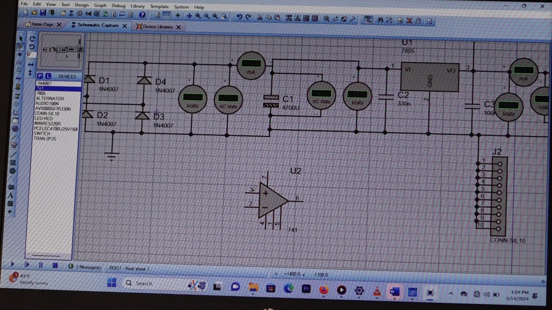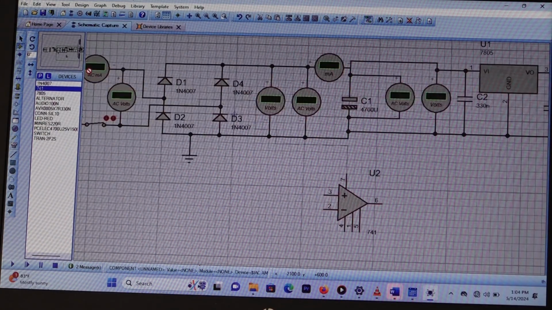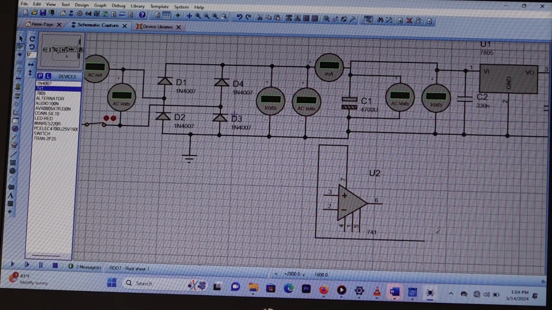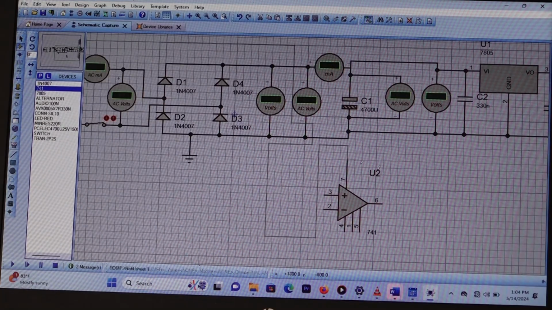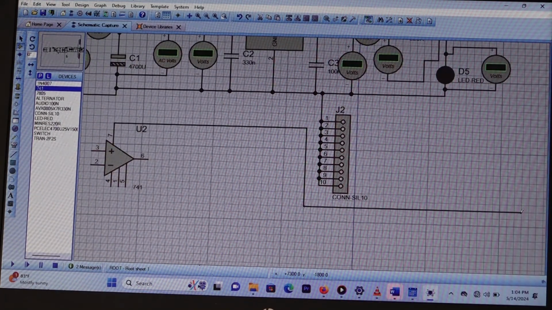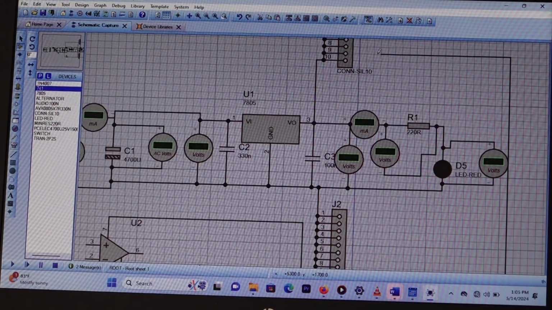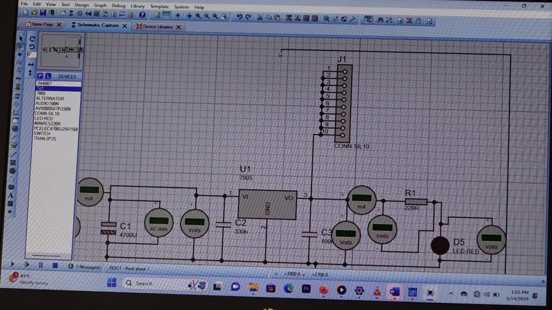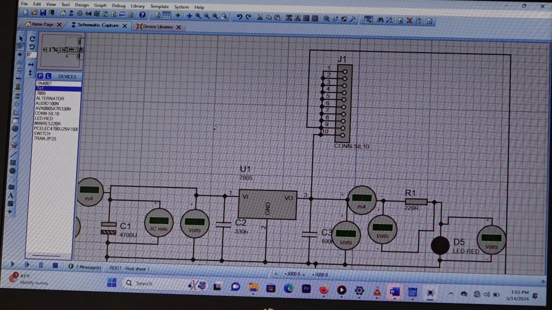This is the non-inverting terminal, this is the inverting terminal. But this pin number 7, it's power. So for instance, I can connect it with the power bank. So this is positive, so I come and connect it in this second pin, or pin number 9.